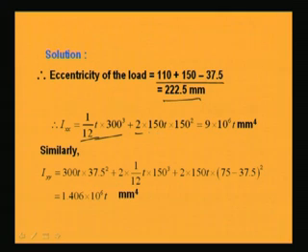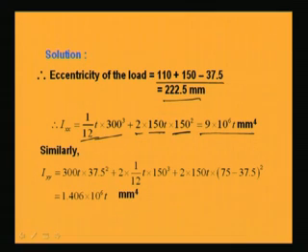So 2 into 150 T into 150 square, the area is 150 into T, and for two sides, top and bottom, that is why 2, and R is 150. So I am neglecting the moment of inertia about its own axis because it is very small, that is T cube. After calculating this we get 9 into 10 to the power 6 T millimeter to the power 4.